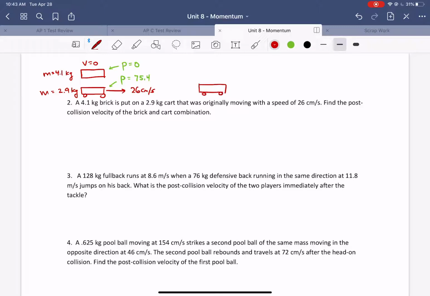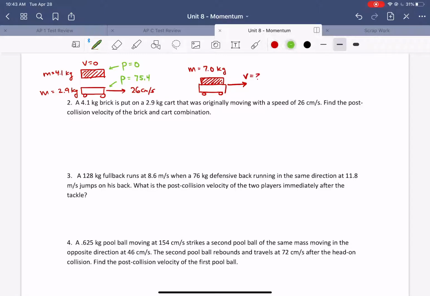So in the after picture, we have the cart with the brick on top of it. So they're moving together, which means we can say that the mass of the moving object is now 4.1 plus 2.9, which is 7.0 kilograms. And it's going to move to the right with some unknown velocity.